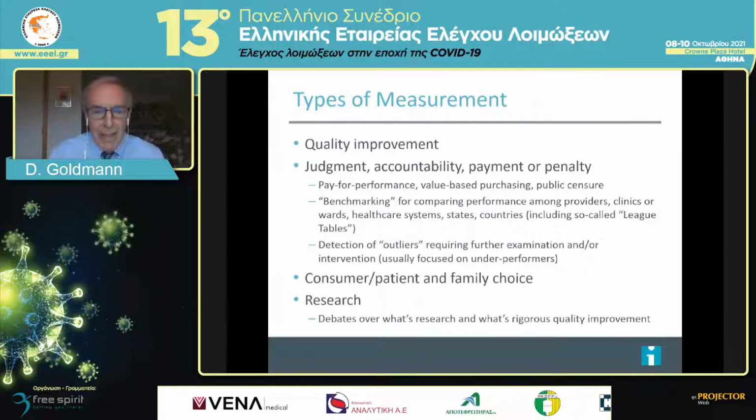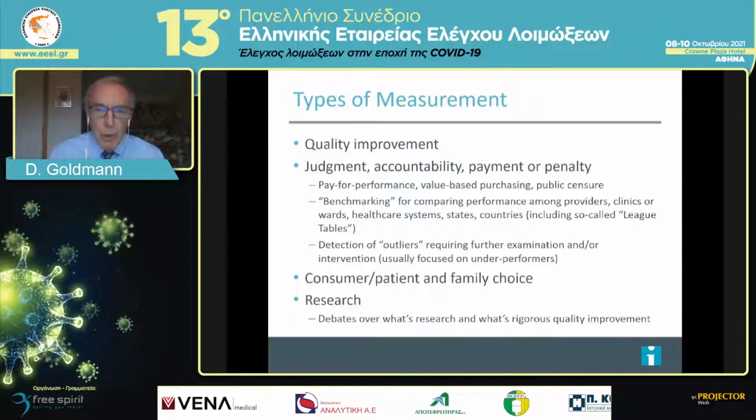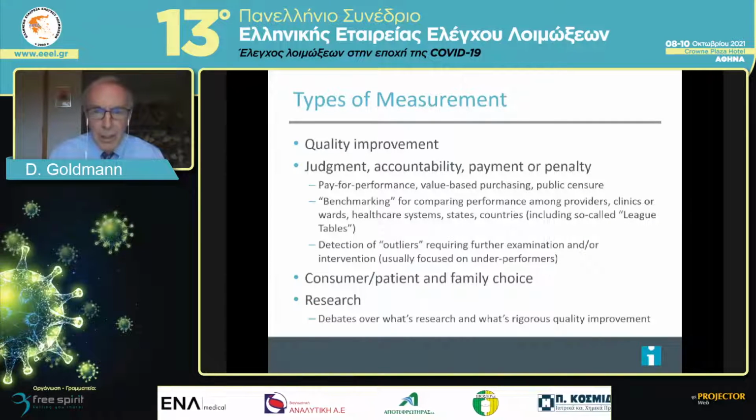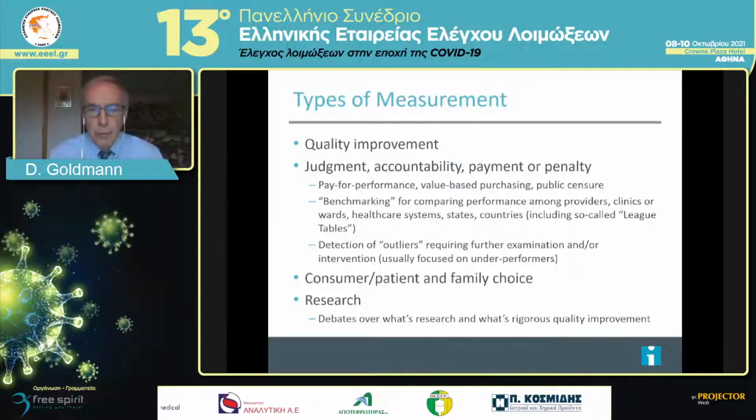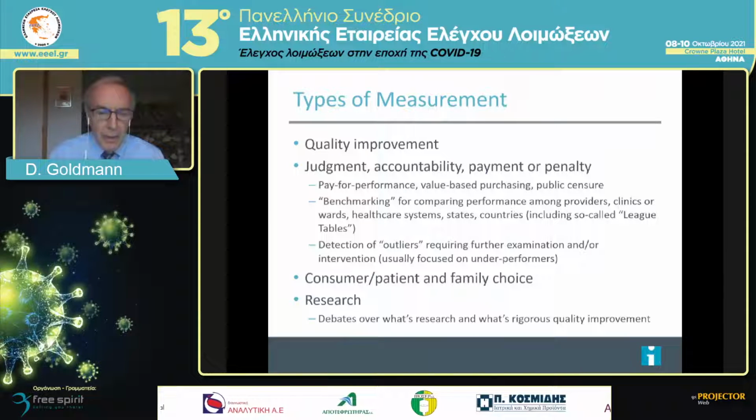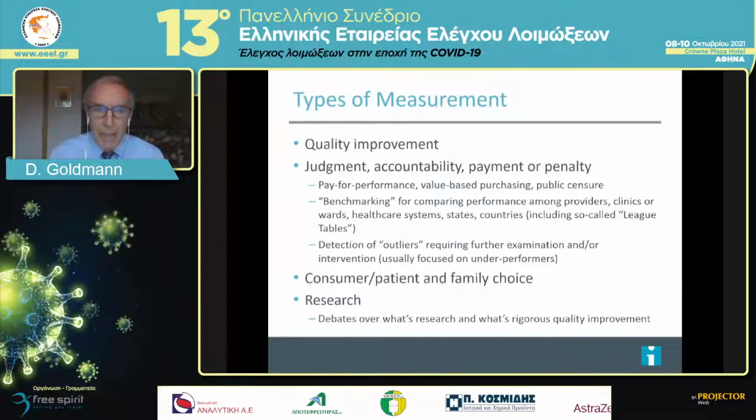In fact, that's the kind of measurement that preoccupies people who actually work in healthcare. We can talk about quality all we want, but many people feel they are being held accountable for performing in certain ways and will be judged. I hope we'll have a few minutes to come back to that after we talk about quality improvement.